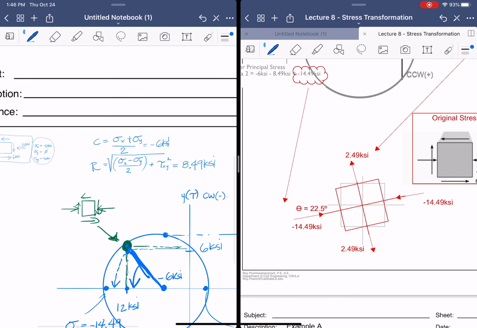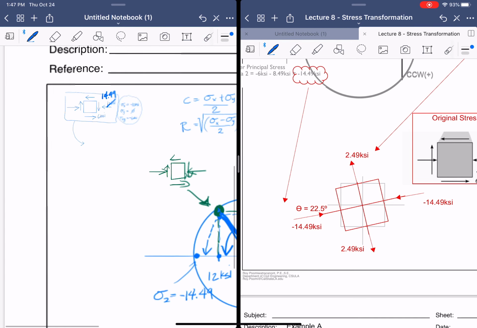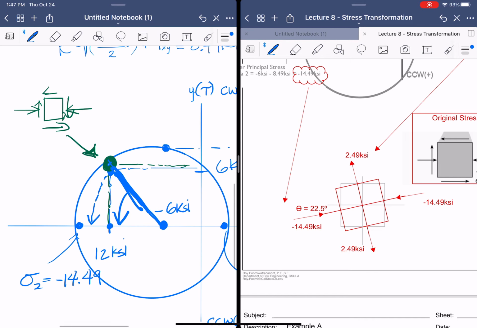So if we look at the original problem, that compression force, 12, now becomes 14.49. People ask, how do I know which one goes to which axis, which is the X, which is the Y? You go back to the original one right here. The original one was 12, and it becomes 14.49. We started off at that point with 12 KSI, and it transforms to 14.49 KSI. That's golden. If you understand this, you're good to go.